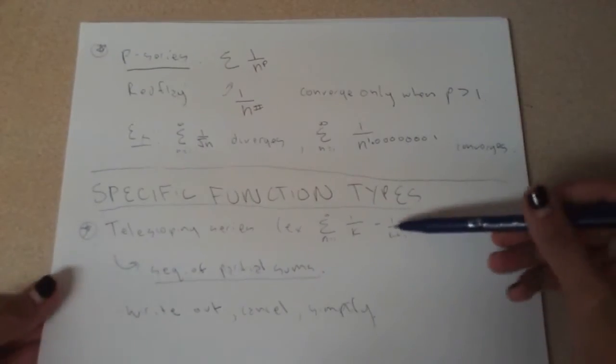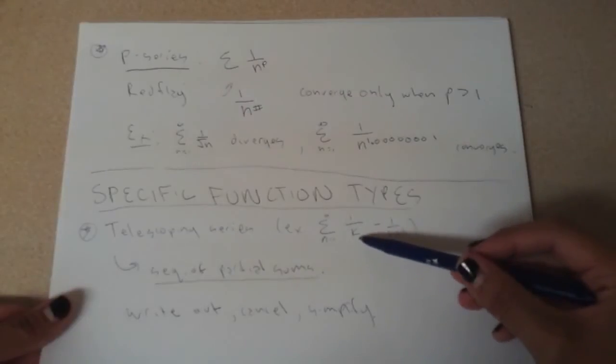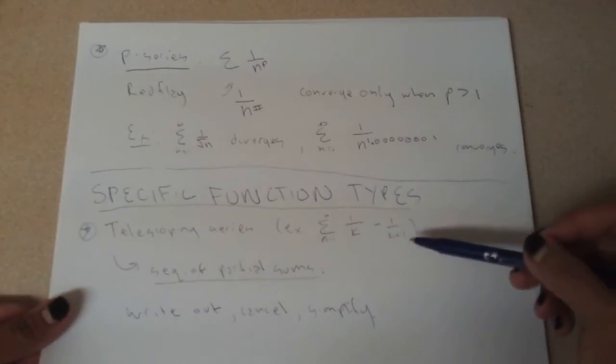But again, that's a very specific function type, right? We're usually looking for something basically that is a function minus another function that looks really, really close to it. So be on the lookout for those.